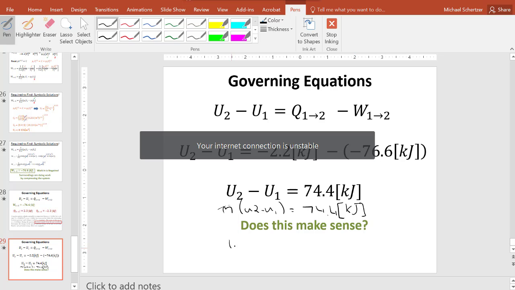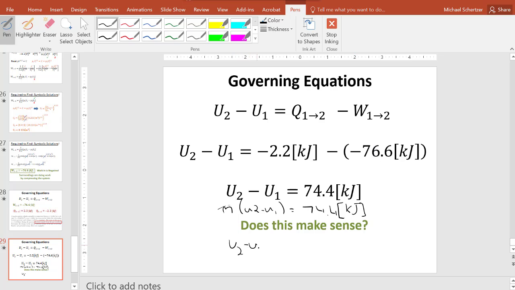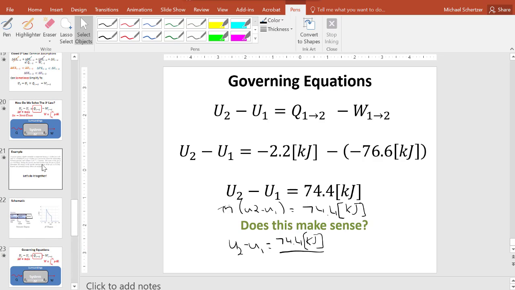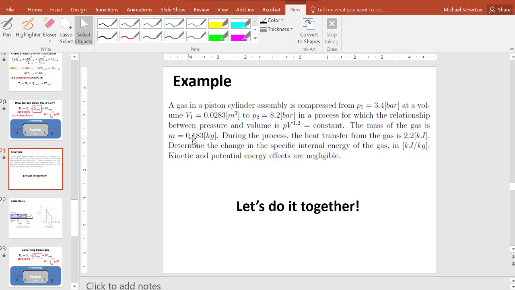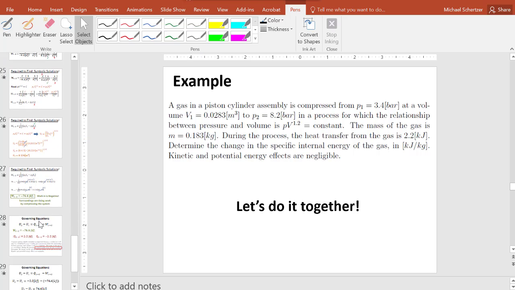So then U2 minus U1 is going to be equal to 74.4 kilojoules divided by, if I go back up to the problem statement, I can see how much mass we had. So 0.183 kilograms.